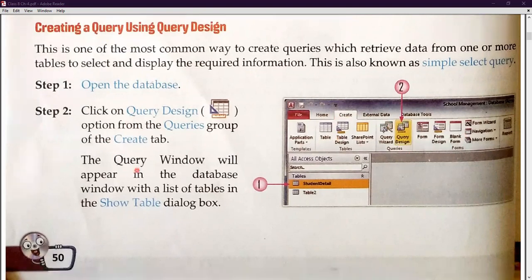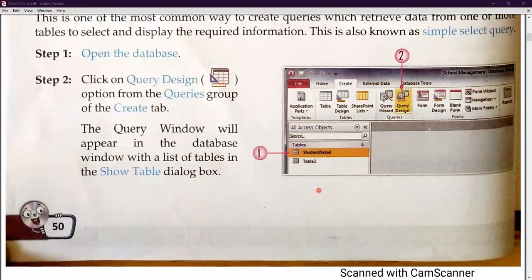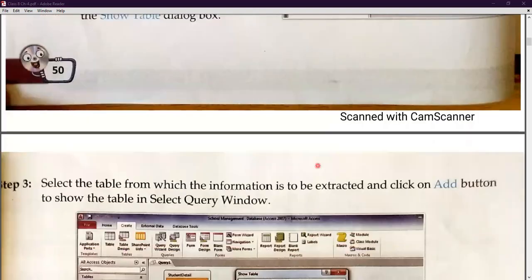The query window will appear in the database window with a list of tables in the Show Table dialog box. Once you have clicked Query Design, you can see the tables available in our database. As you can see on your screen, there are two tables available: Student Detail and Table 2.